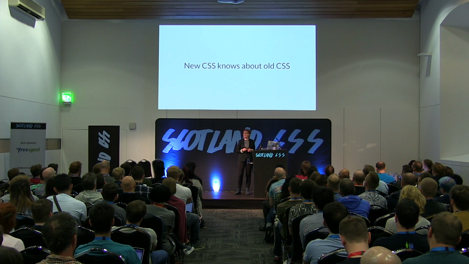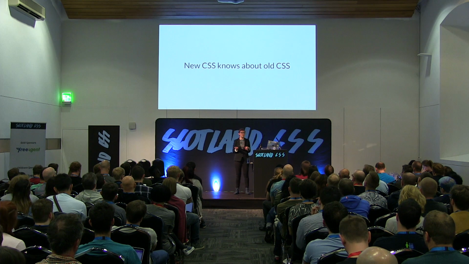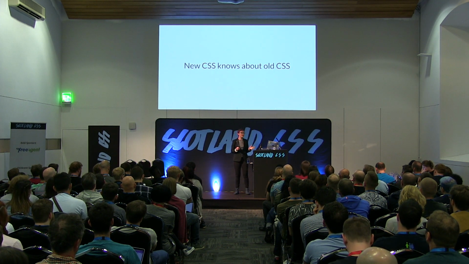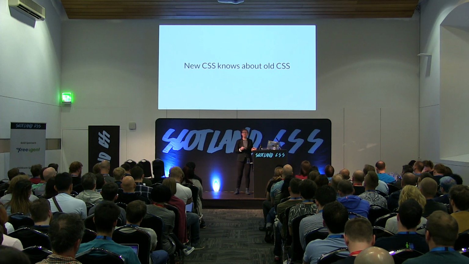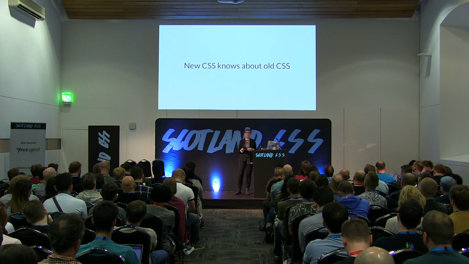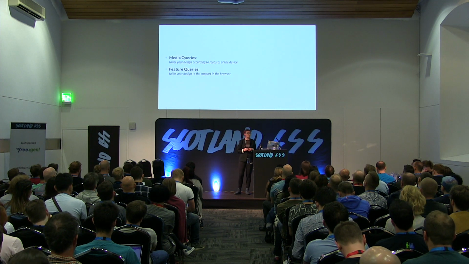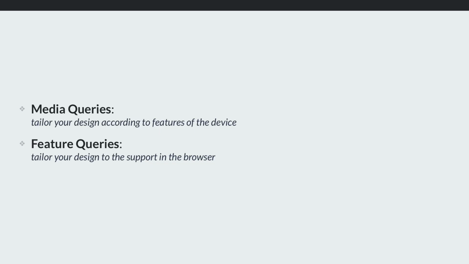Because new CSS was written by the same people, so it knows about the old CSS. We know this stuff exists. So it lets us build these simple layouts and then just override by using newer CSS. And just as you build a layout tailored to small screen devices by using media queries, you can build a layout tailored to your non-grid supporting browsers by bringing in feature queries.